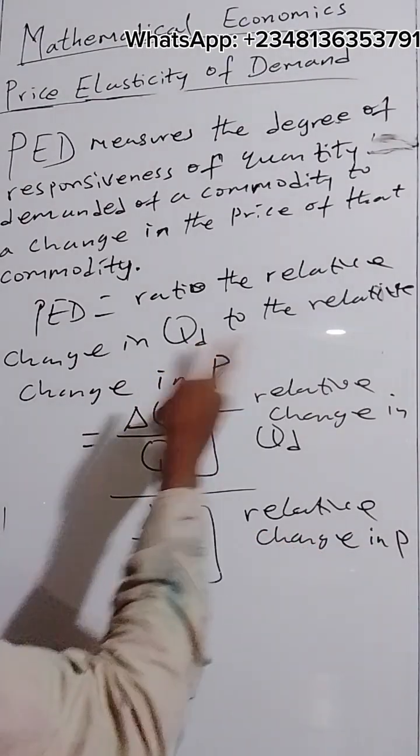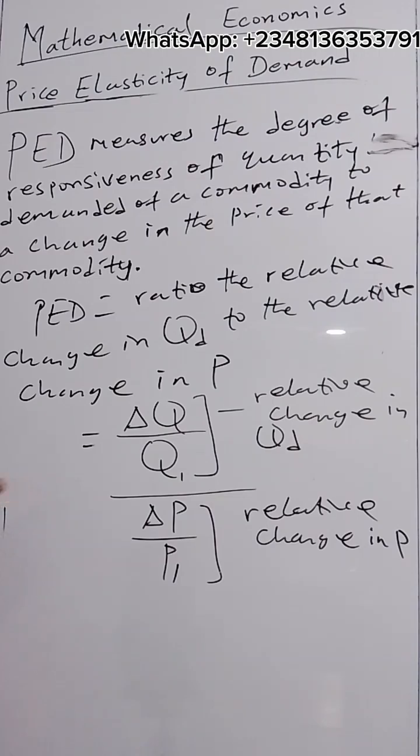That is why it's defined as the ratio of the relative change in quantity demanded to the relative change in price.